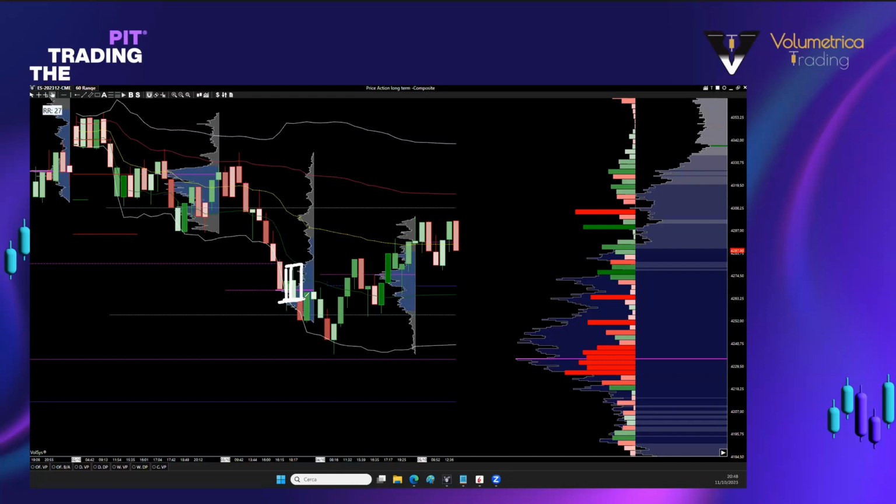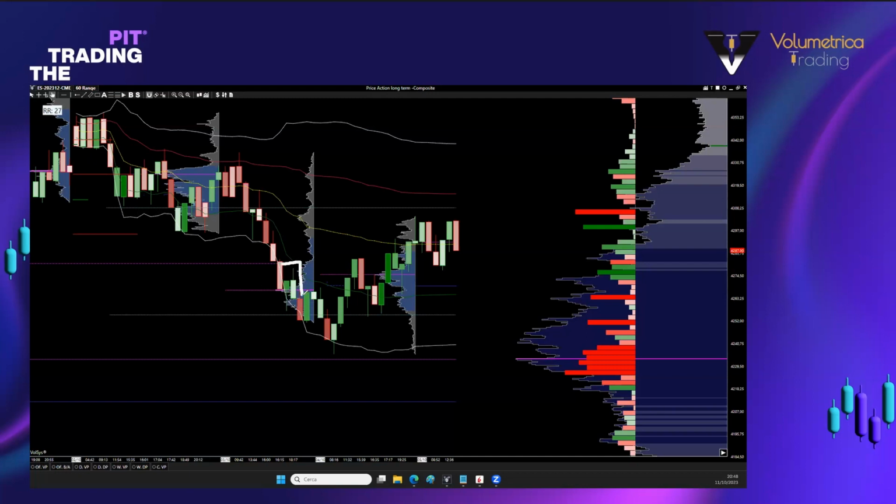Delta, in this case, shows us in which direction aggressive traders were more aggressive. And the price result, the direction the bar closes, gives us the result.